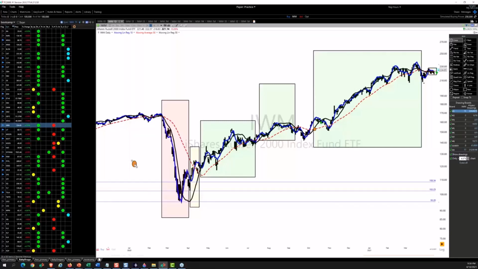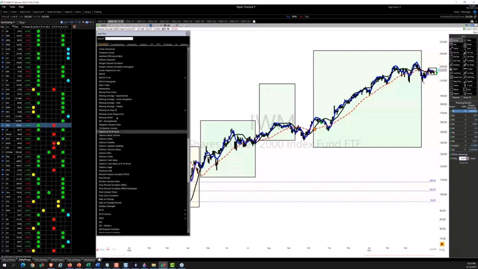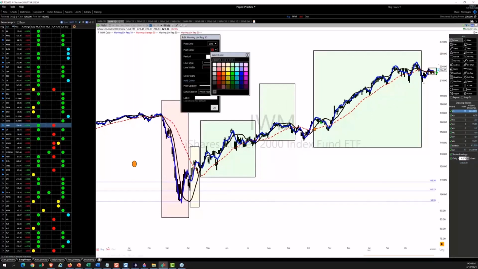So if I wanted to go up a factor of 3, but stay on the same chart, what I could do is now take and add a moving linear regression. Let's see, moving linear regression. And make that green because that's our standard color. And put that on the 90. A 90 period look back.